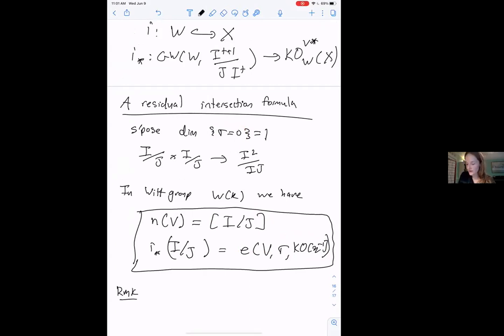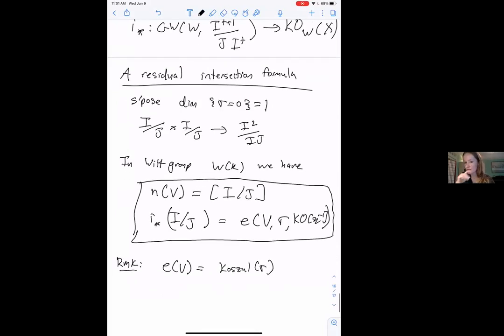The Euler class of V, which is represented by the Koszul complex with a particular pairing, and I over J differ by an algebraic surgery. All right, thank you for your patience. I'll stop there.